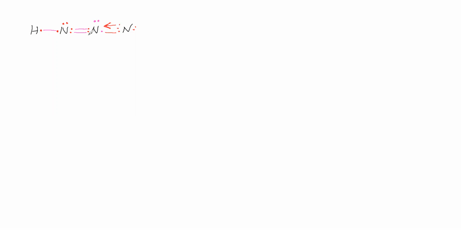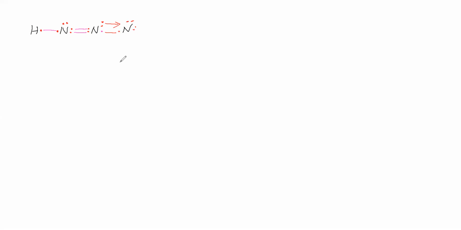Is it correct or wrong? It is wrong. Why? Because nitrogen does not have a vacant orbital to take dative bonding. For this nitrogen, a lone pair of 2 electrons will be given. For this nitrogen, a vacant orbital is not there.